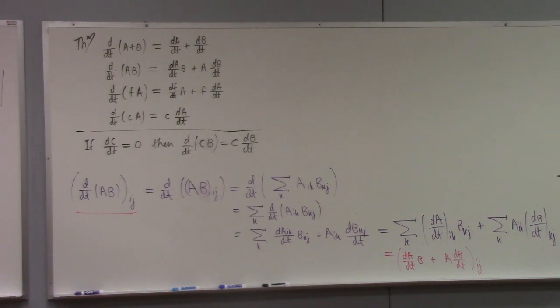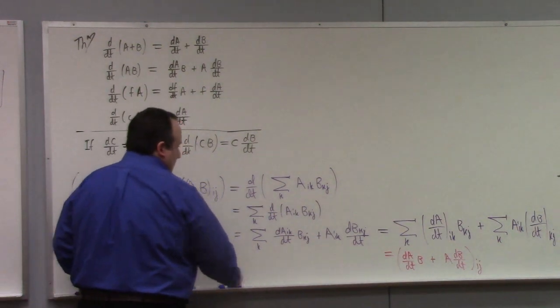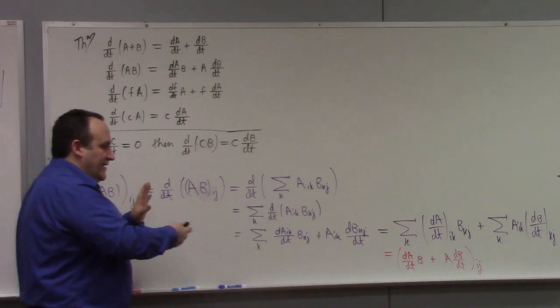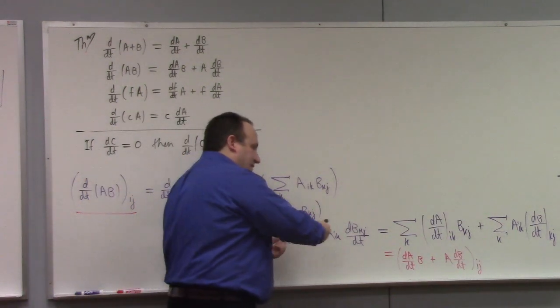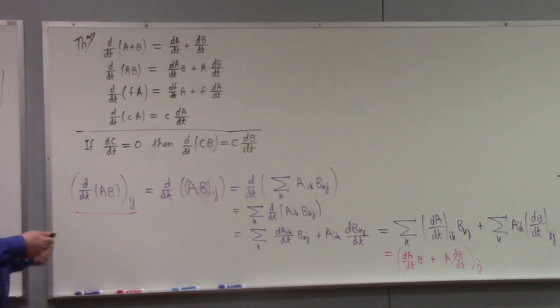All you have to do is use ordinary rules of calculus and sort through the definition of matrix differentiation as it's defined component-wise. It's pretty easy to understand why these things are true. And you can also understand why it was important that we maintain the letters ordered just as they happened, right? Because in order to recognize these as matrix multiplications, we had to have the same ordering of the letters as we did to start with. Otherwise, we wouldn't be able to identify them as matrix multiplications.